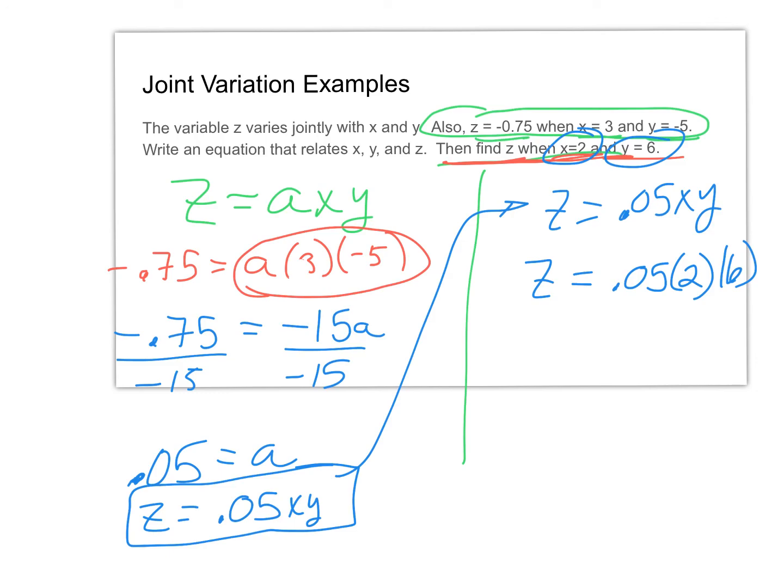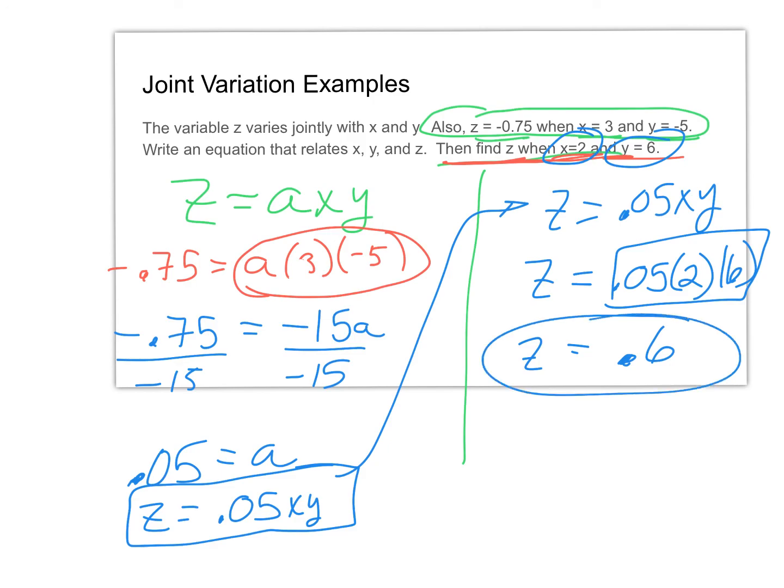So I'm going to multiply all this together. Let me clear my calculator here. So 0.05 times 2 times 6. And yes, I know I could have done that faster by multiplying by 12, but I didn't, so there. So z is equal to 0.6. And that would be our answer.